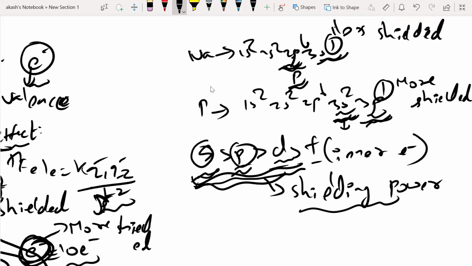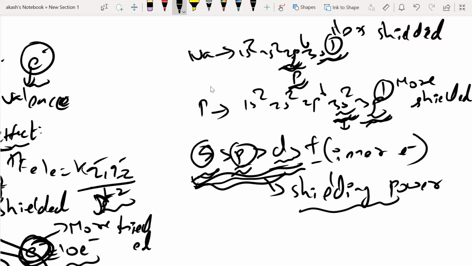Now because of this, what? Please tell me. Sir, in case of 3d and 4p, 3d gets filled first. So d will be in the inner subshell. Correct.